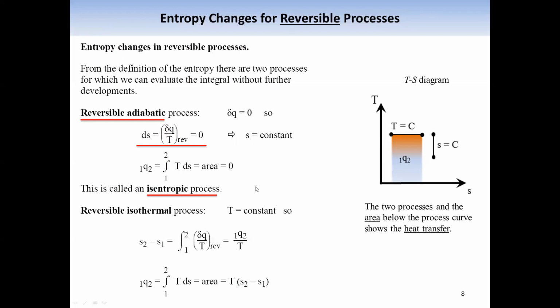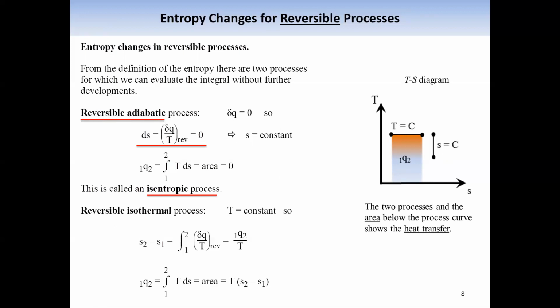So every time we see the word isentropic, we have to immediately activate two things in our mind. One is ds equal to 0. The other thing is it means reversible and adiabatic. These three underlined phrases are actually equivalent. If we see one phrase like isentropic, we have to activate two other concepts immediately.